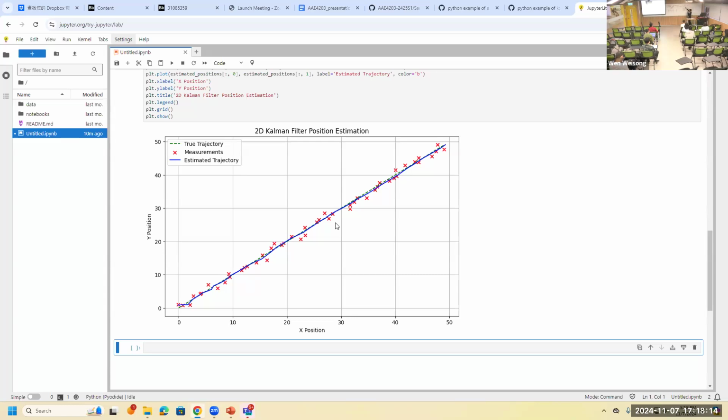For example, if you provide the initial guess, usually we set P0 to be a big value, 100 squared. It means at the beginning we do not trust your initial guess, but finally it will converge. So the first and second equations are clear: the F is here, the P is here, and the Q is experimentally determined. So this is the first part.